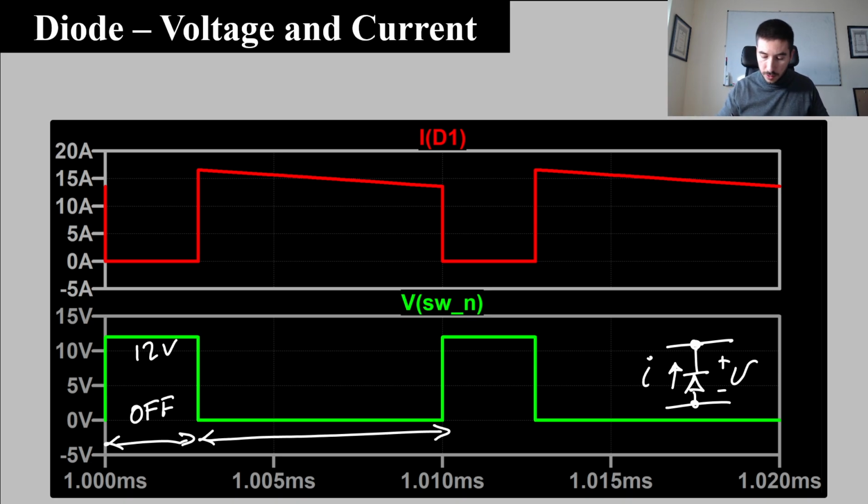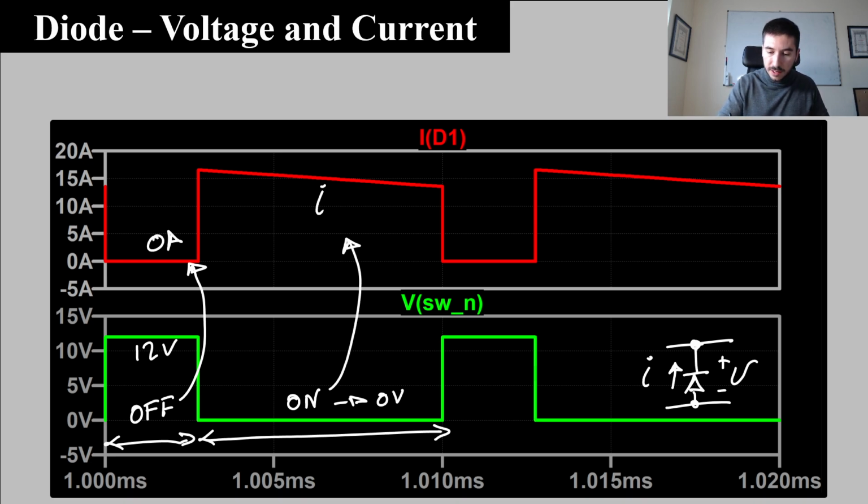It's a short circuit, so the voltage across the diode is 0. If we check the current through the inductor, when the diode is off, the current is 0. When the diode is on, the current is equal to the inductor current. So this is another result that makes sense because it's the same conclusion that we obtained with the theoretical analysis.